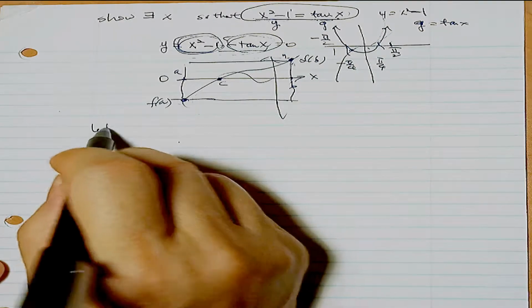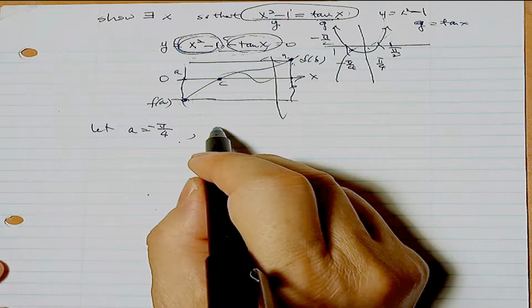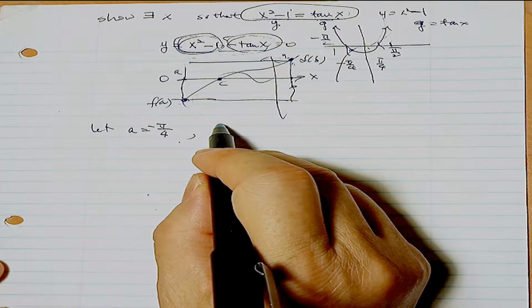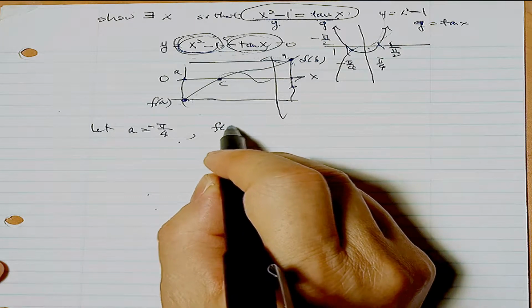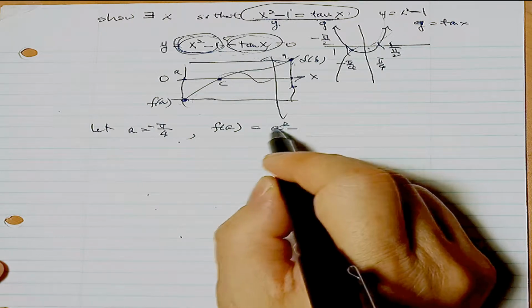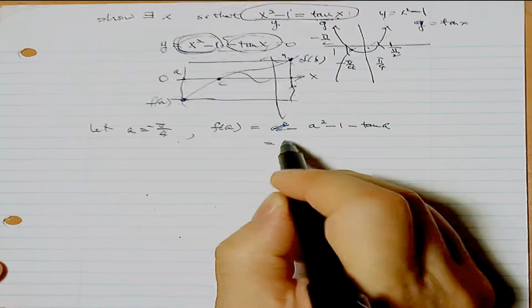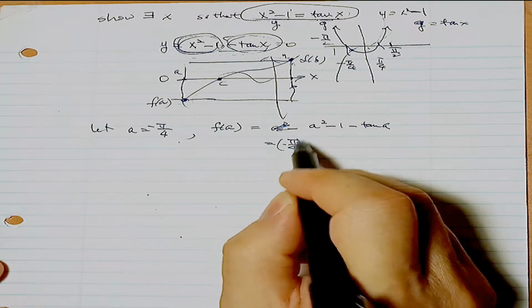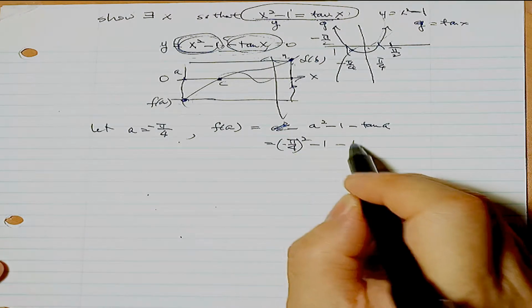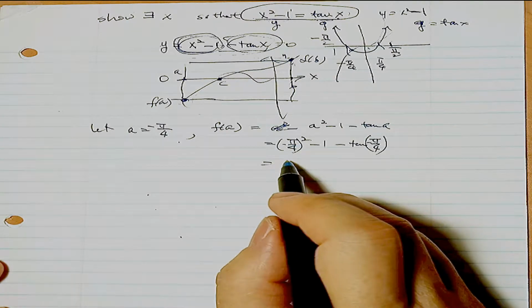So if I say let a equal to negative pi by 4, then f of a, which is a squared minus 1 minus tangent a, which is negative pi by 4 squared minus 1 minus tangent of negative pi by 4. So this is what?